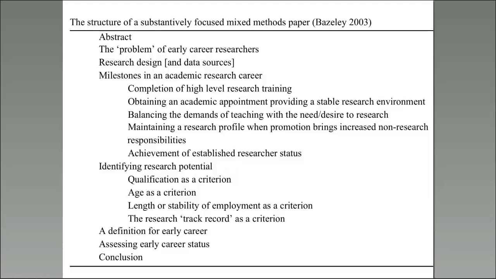What were the criteria that could be used to determine who was a likely future career researcher, or who was an early career researcher, and so working towards the definition for early career. So there's a fairly natural development in that article through to the key point, which was the definition and how status could be developed.